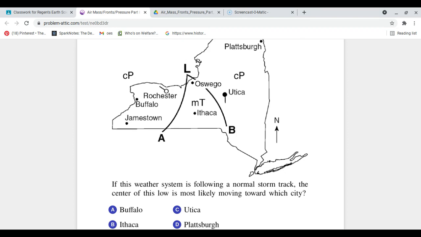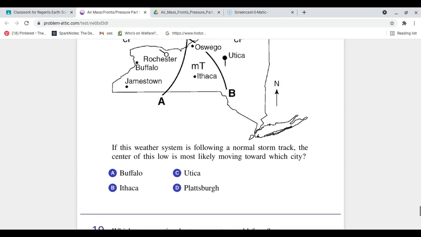Okay, so if this weather system is following a normal storm track, which we all know what it does, the center of this low is most likely moving towards which city? We did this yesterday, I believe. We can get rid of A, right? And get rid of B. So you're either C or D.